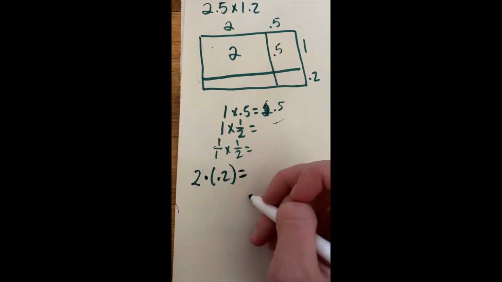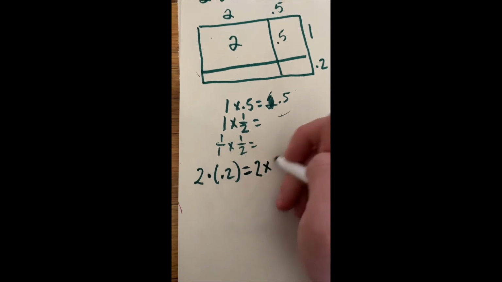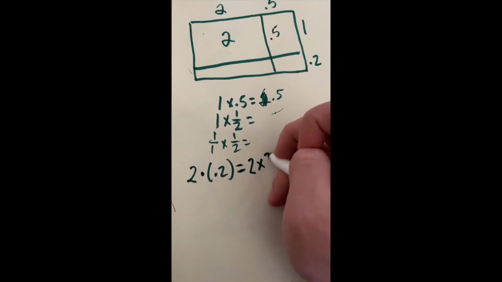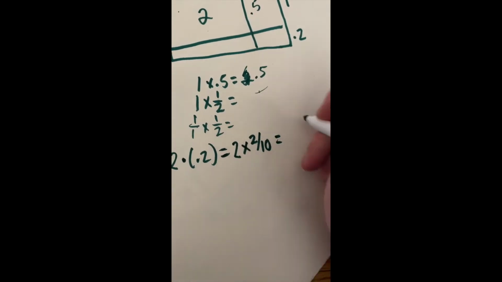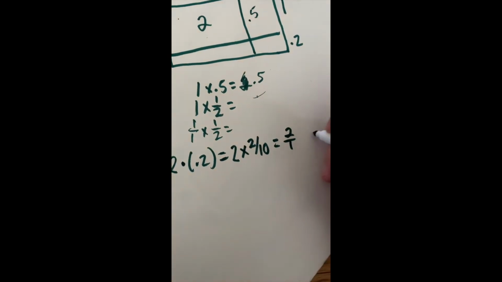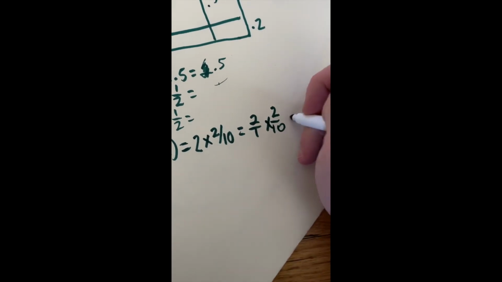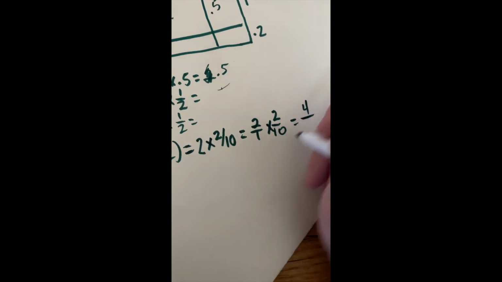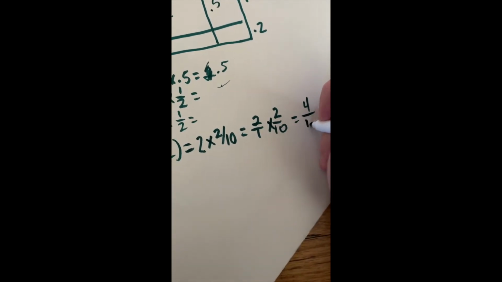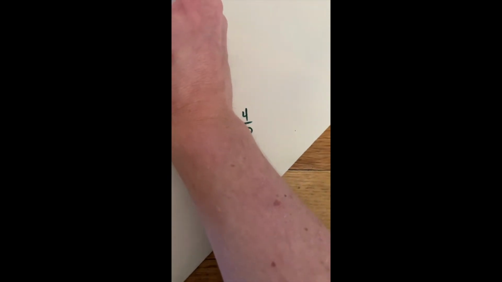When we say 2 times 0.2, that is the same thing as saying 2 times, and I apologize for switching this up again, 2/10, which is the same thing as writing 2 over 1 times 2/10. So we then multiply our numerators across, so 2 times 2 is 4, and then 1 times 10 is 10. So now our answer is 4/10, or 0.4.